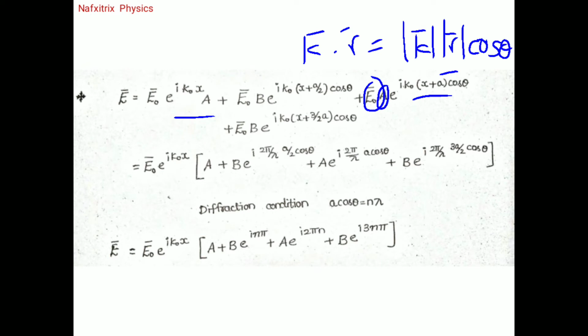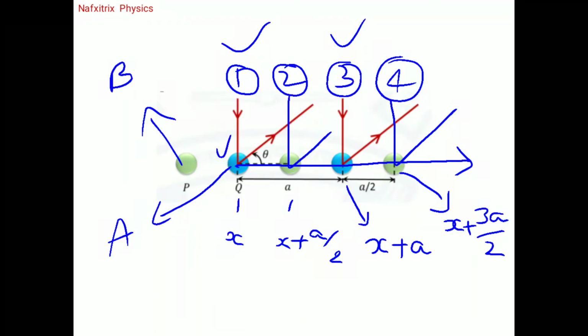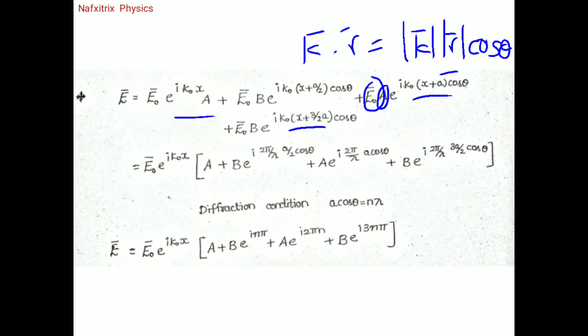In a similar fashion, E naught into B, e power i k naught into x plus 3a by 2 cos theta. So it is at the position x plus 3a by 2 from the starting, that's why x plus 3a by 2 cos theta. Magnitude of k is k naught, which depends on the incident light, and theta is the angle between them.